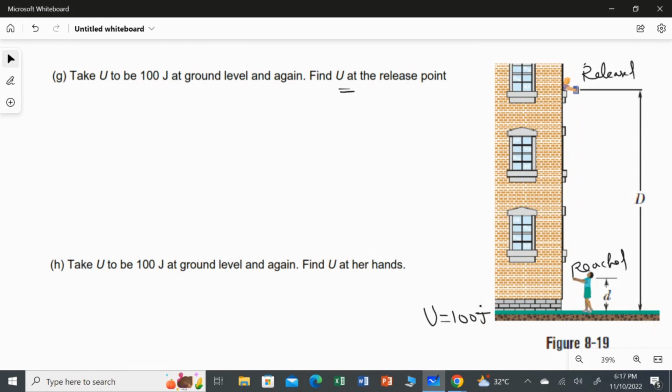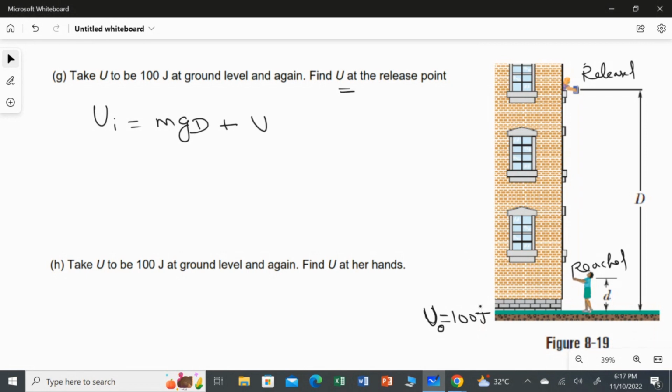So in the release point, we are going to find the potential energy. In the release point, the initial potential energy is equal to mg times this distance, am I right? Clear? Caps D plus the potential energy, because I have to show the potential energy as U naught here.